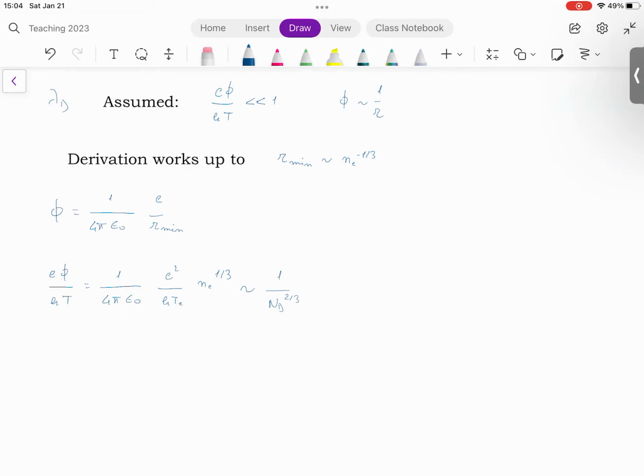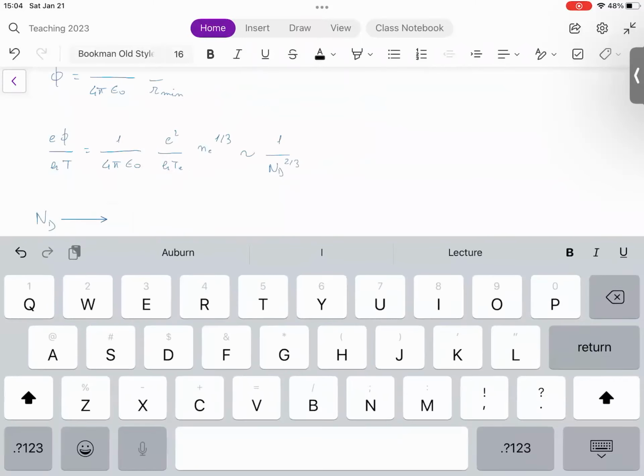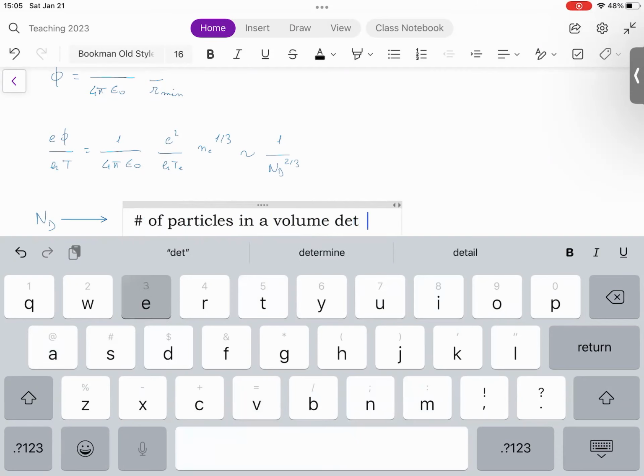And remember what the physical meaning of the plasma parameter was. So this is the number of particles in a volume that's determined by my Debye length.